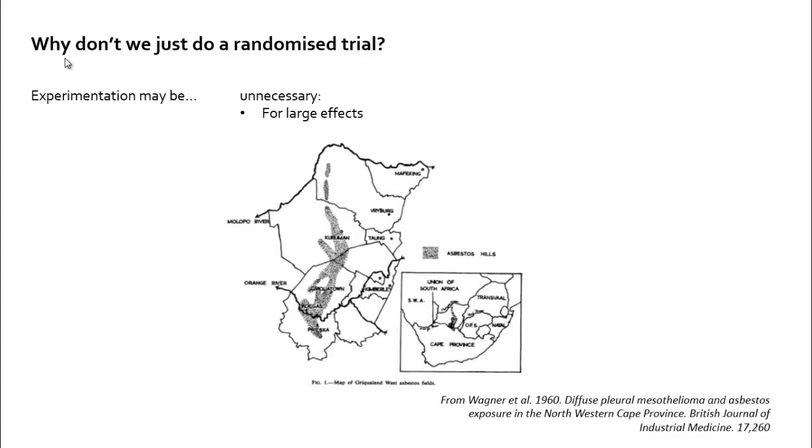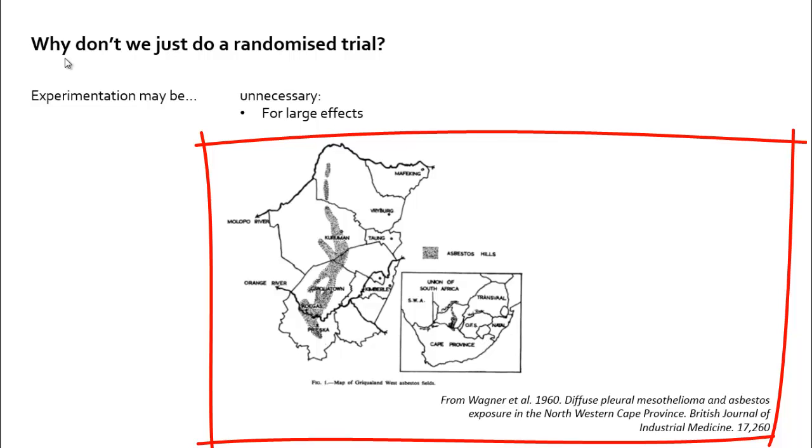Well, first, experimentation is not always necessary. Consider, for instance, this study from the 1960s, which examined the link between asbestos exposure and mesothelioma, a rare cancer of the lung. It was actually a study of 33 cases, so it was a case series. Nonetheless, out of the 33 cases examined, all except one had reported exposure to the asbestos mines in the northwestern Cape province in South Africa.